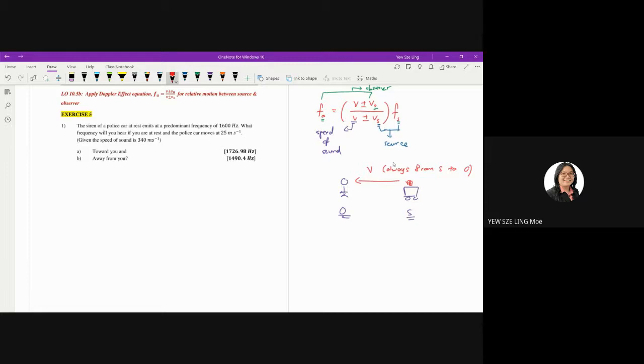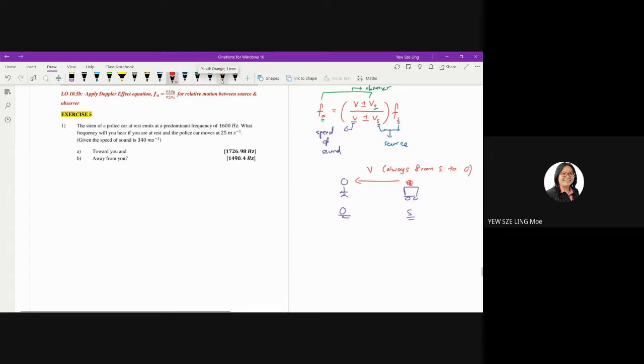Now, why is it important to know the direction? Because it tells us which sign conventions to use. If VO or VS are opposite to V, then we use positive sign in the equation. If VO and VS are towards the same direction as V, then we use negative sign.